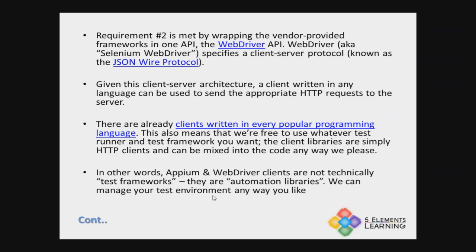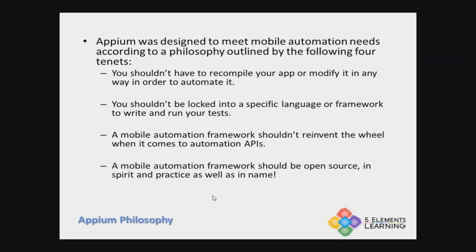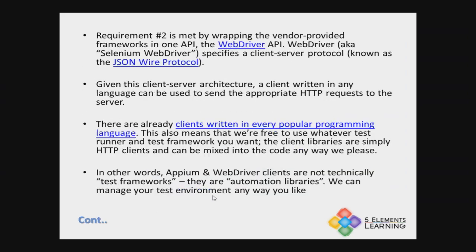Requirement number two. What is our requirement number two? You should not be locked into a specific language or framework to write or run your test. How does Appium match this requirement? Since Appium is based upon the architecture of Selenium WebDriver, which provides us with the WebDriver client-server protocol, also known as the JSON wire protocol.